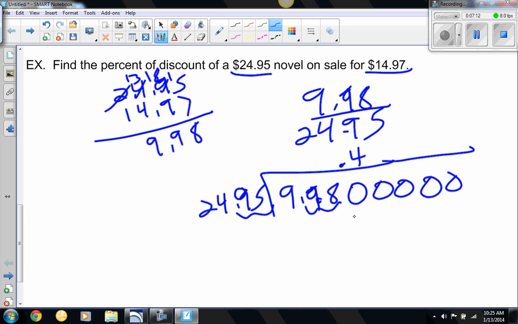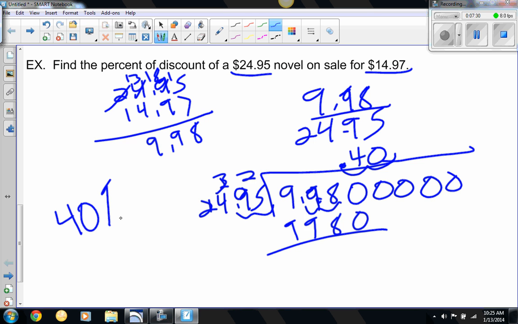So let's do 4, 0, 2. Let's do 3. Oh wow, I wouldn't have needed all these spots because it's going to come out even. And then if I change it to a percent, I got a 40% discount. So that's pretty good. It's almost half price.